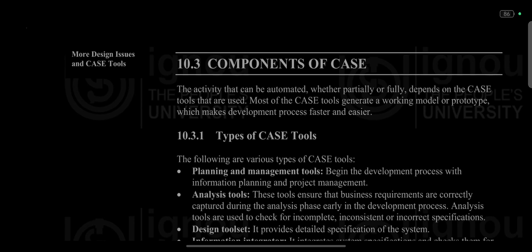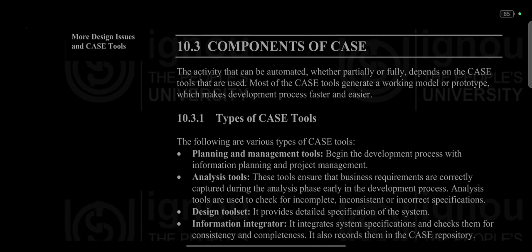Planning and management tools begin the development process with information planning and project management. Analysis tools. These tools ensure that business requirements are correctly captured during the analysis phase early in the development process. Analysis tools are used to check for incomplete, inconsistent, or incorrect specifications.